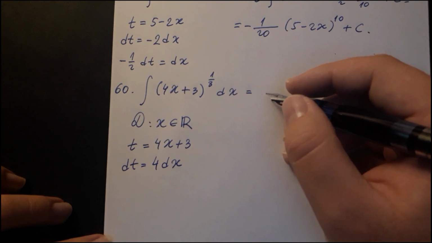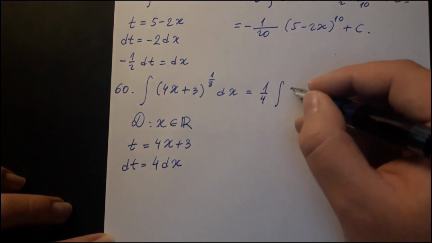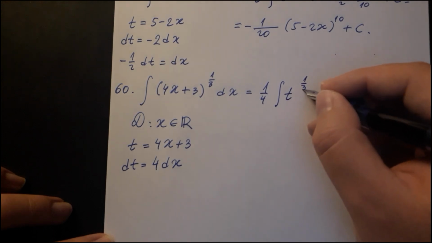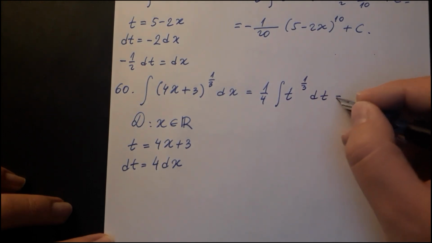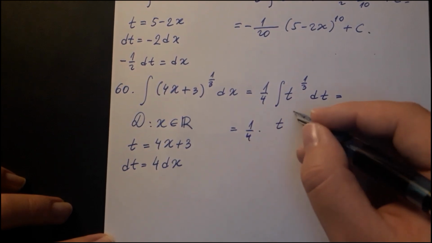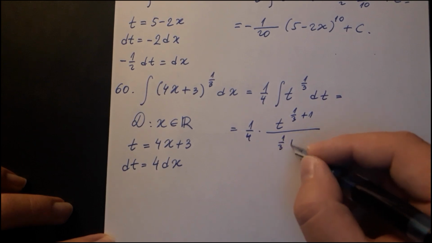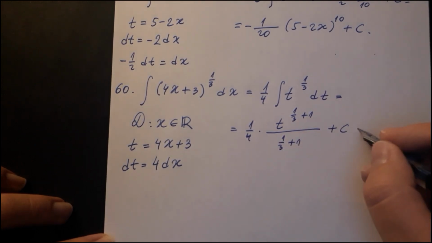Now this integral becomes 1 divided by 4 integral of t to the power 1/3 dt, which is equal to 1 over 4 times t to the power 1/3 plus 1 divided by 1/3 plus 1 and plus a constant c.